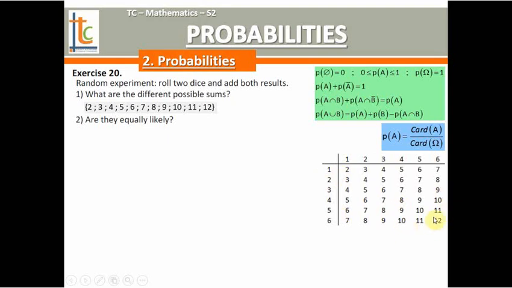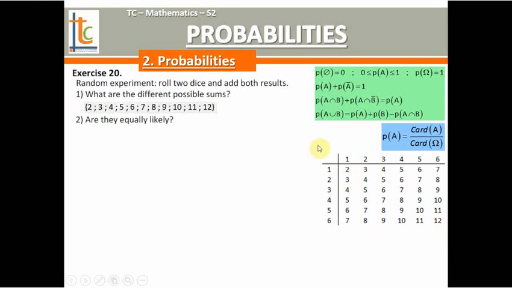So a total of 12 is obtained with a double 6. A total of 5 can be obtained with 4, 1, or 3, 2, or 2, 3, or 1, 4. So you've got 4 different ways to obtain a total of 5, but only one way to obtain a total of 12.